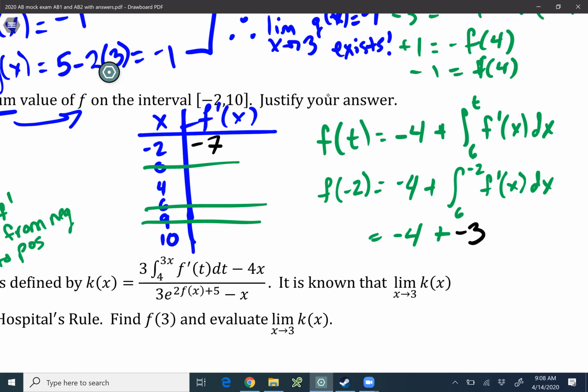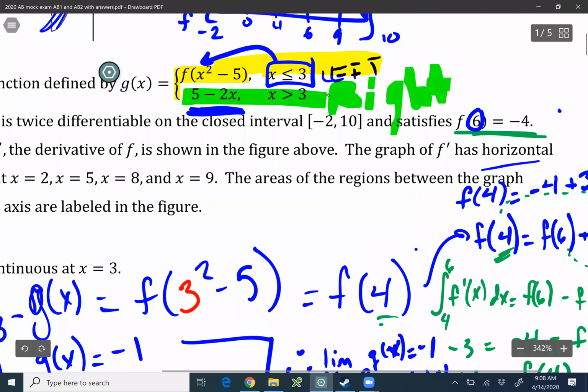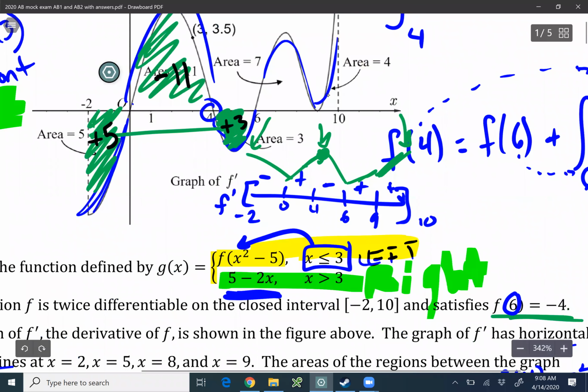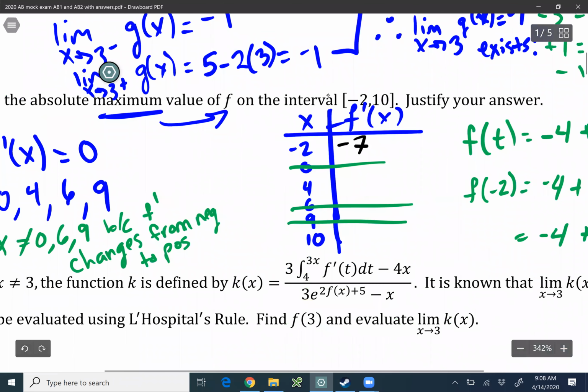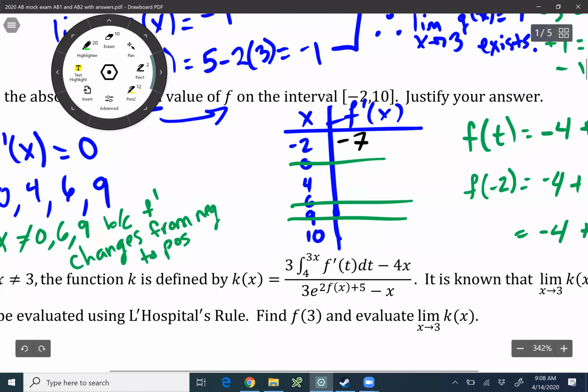Now, we can do that the same way for every single one, or we can do a little bit of a shortcut that I like on these. We just did starting at 6 and going all the way back to negative 2. I want us to think about, let's just pretend we hadn't crossed out these other points.